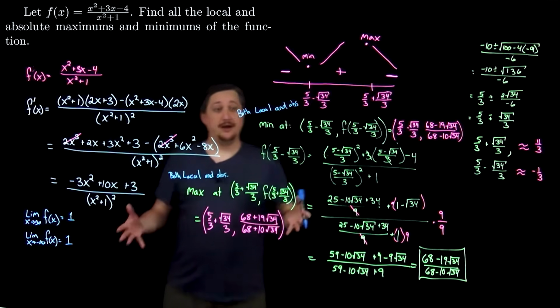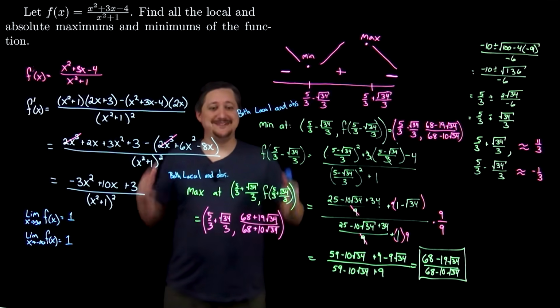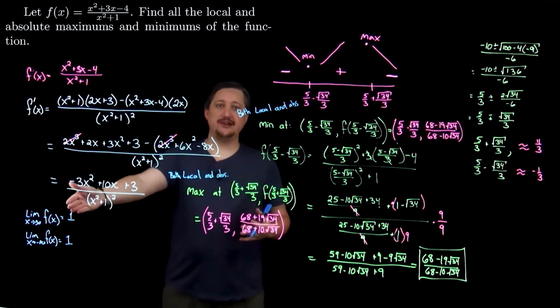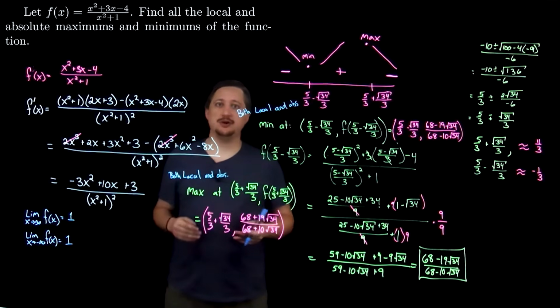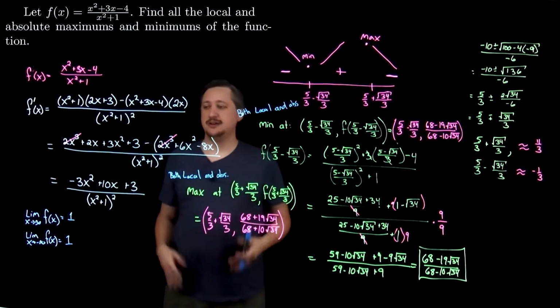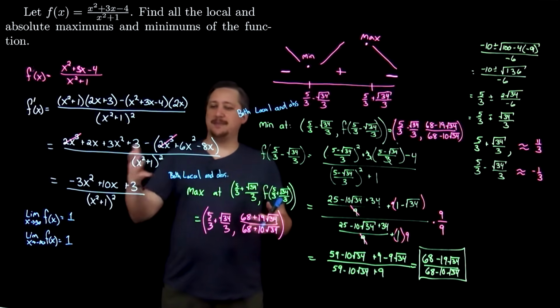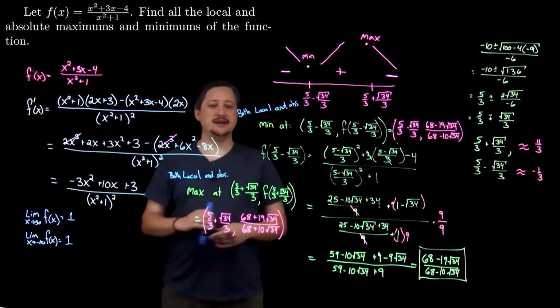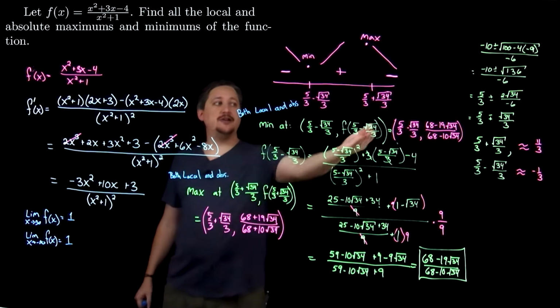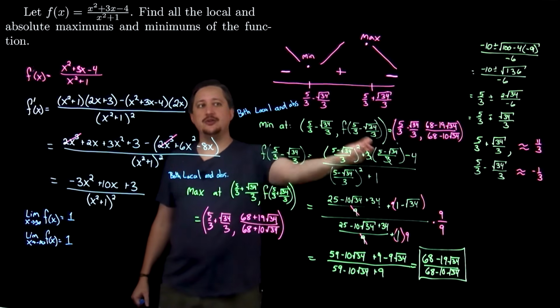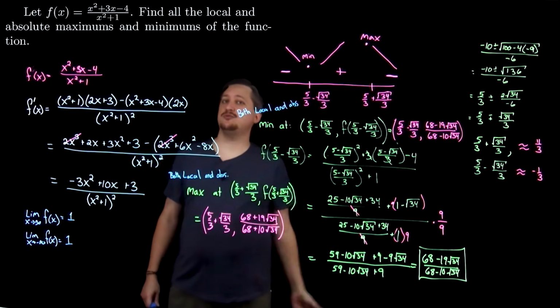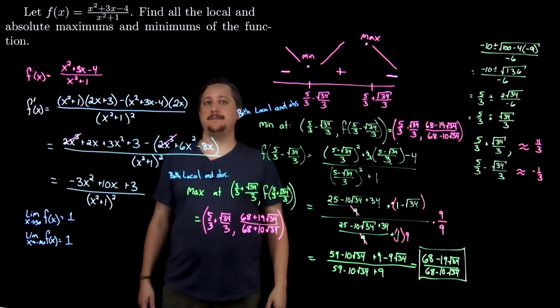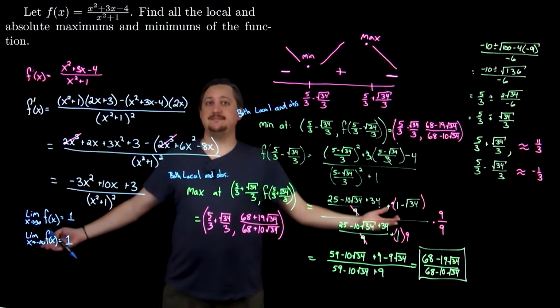Okay. And that's all of it. So we found the locals, we used end-term behavior and checked to see where it might not be defined, which thankfully was defined everywhere. And then using some logic, the fact that the end term was 1 and the fact that our max was bigger than 1 and our min was less than 1 told us that those are both local and absolute mins and maxes. Okay, so that is that.